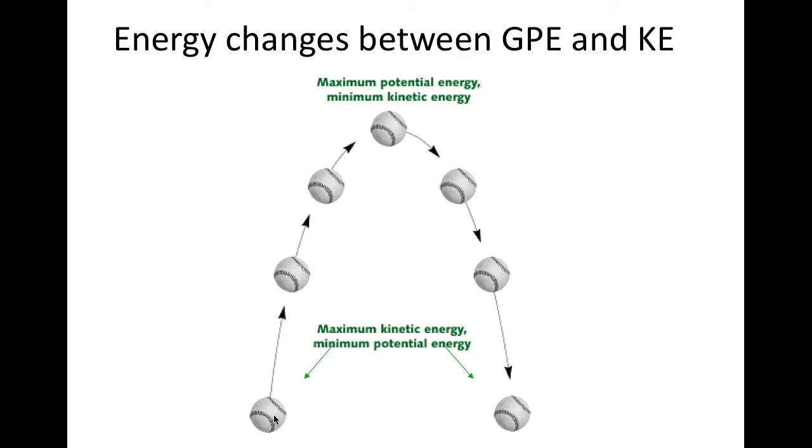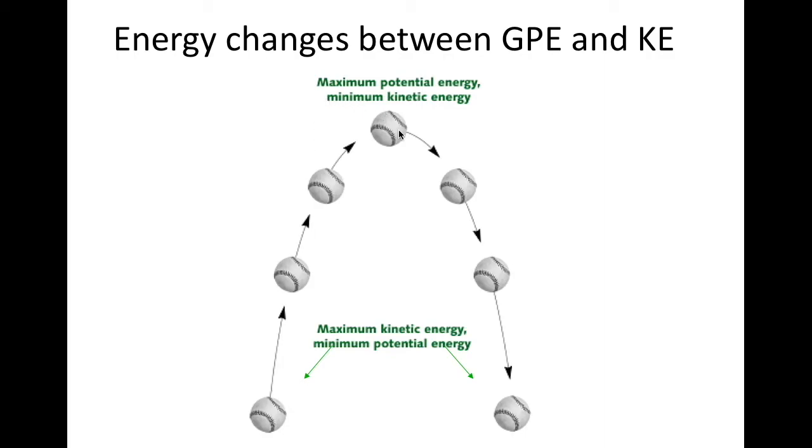We know at the left side, when the ball is pushed up into the air, that at this point the ball is at its lowest point. And we know that potential energy increases as you increase the amount of vertical distance. Because it is at its lowest point, the potential energy is at its minimum.